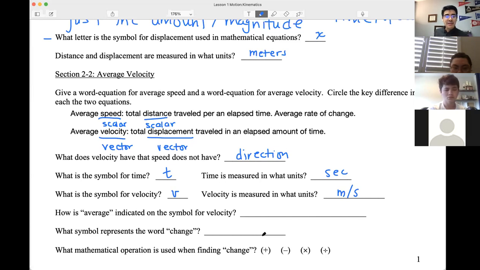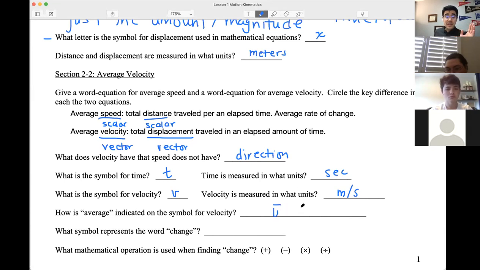And then how is average indicated on the symbol for velocity? What are we going to do to this v? We're going to put a little bar above the v. So that'd be v average.